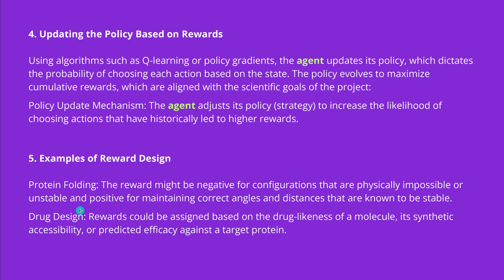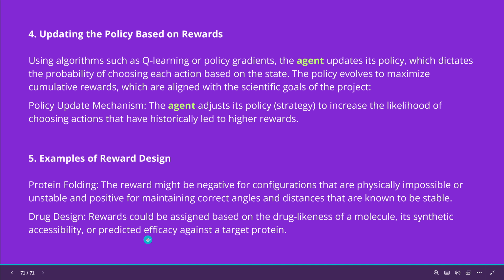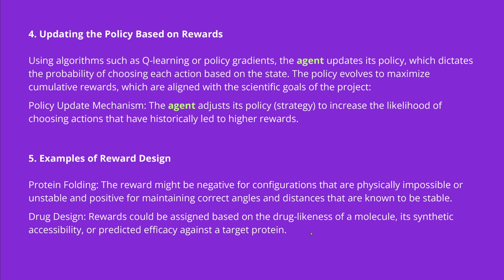Or in drug design, the rewards could be assigned based on the QED, the drug likeness of a molecule, or its synthetic accessibility, or a predicted efficacy against a target protein. You see, your combination and your reward structures really depend on your particular task. But isn't this a beautiful system?